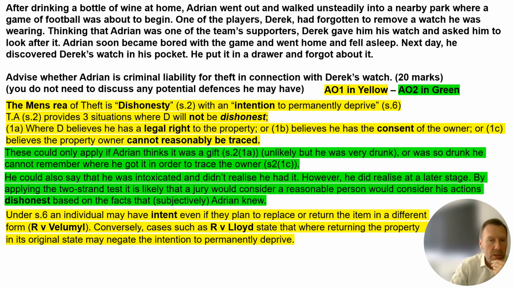So there's a reference to it here, and I'm saying it's likely that a jury would consider his actions dishonest based on that test, based on what he knew. I'd like to have put a bit more AO1 in the build-up to that in reflection. So there's your discussion of dishonesty.